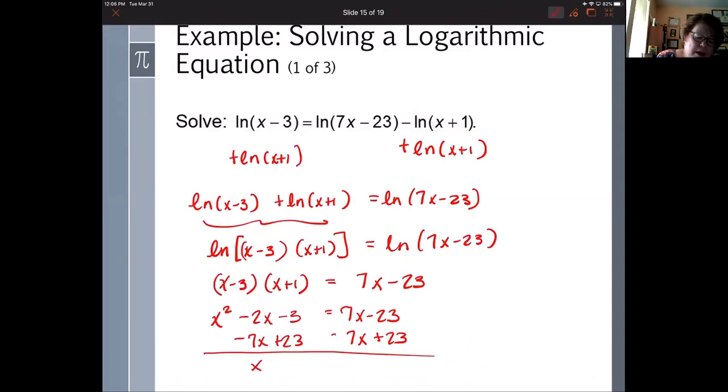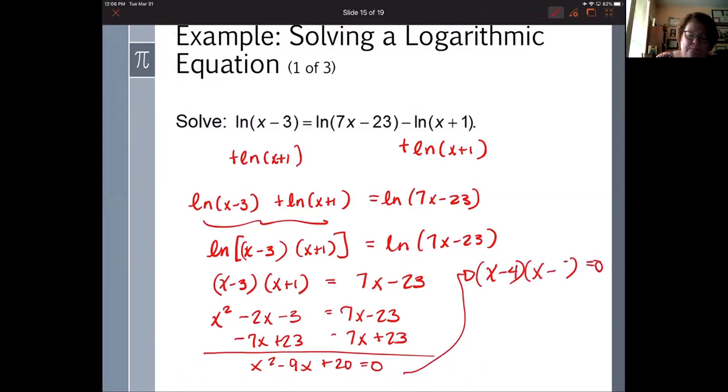And I get x squared minus 9x plus 20 is equal to 0. And that's factorable. It's going to be x minus, what's that, 4 and 5. So I get x is 4 or x is 5.